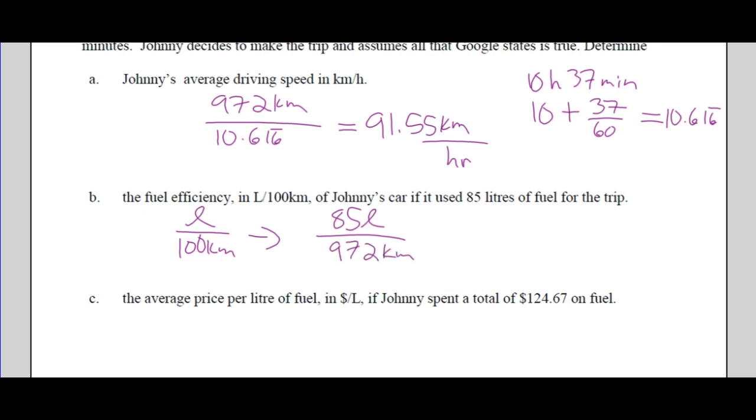How do I turn 972 into 100? Divide by 9.72, and you want to do that for both. So we get 85 divided by 9.72, which is 8.74. We'll go to the nearest hundredth. So 8.74 liters per 100 kilometers. Okay, not too bad. It's not in hybrid territory or anything.